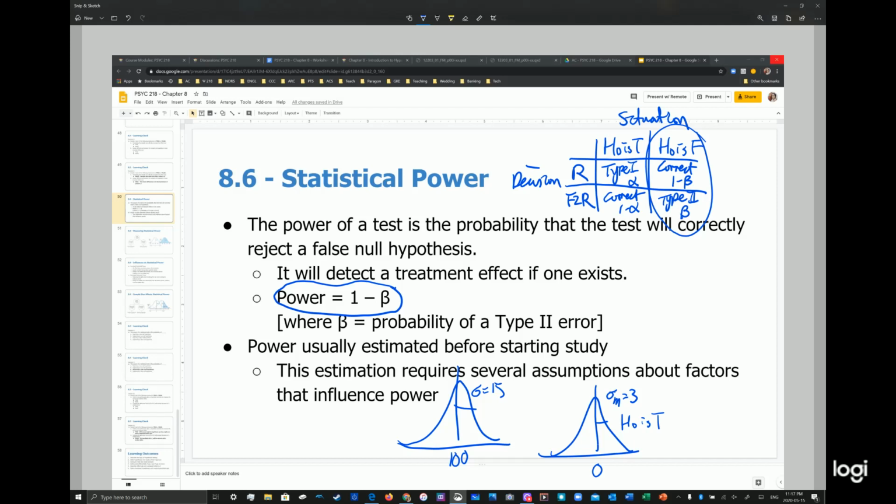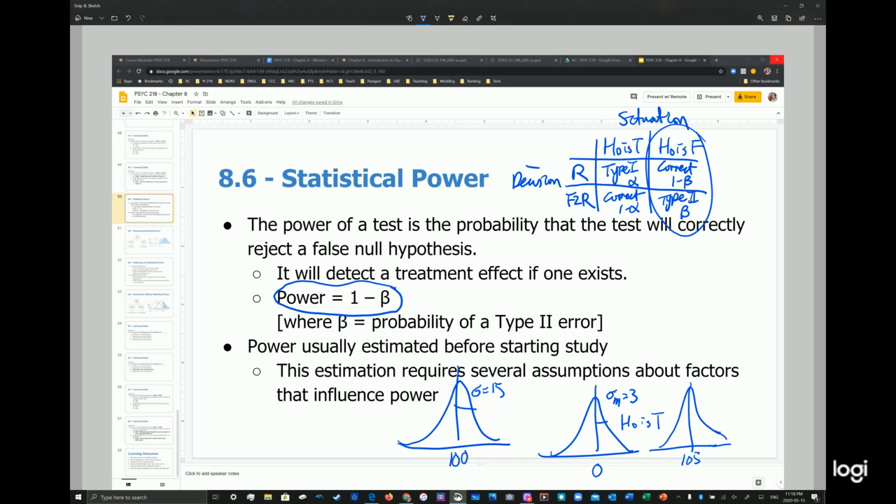Whereas if I predict a 5% increase, well, then I'm not going to draw these overlapping because it'll be hard to read. But then it would have a mean of 105 because you expect that treatment, whatever it is, to increase IQ by 5 points.